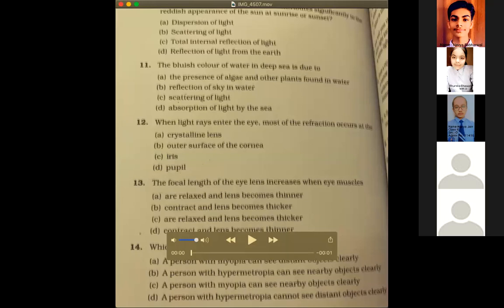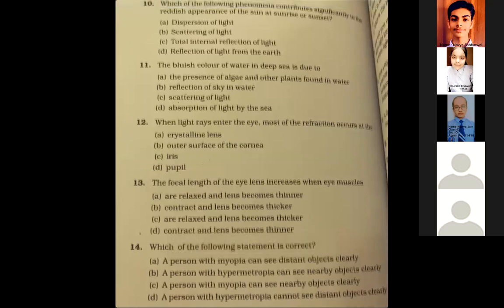Actually, the structure of the eye is not in our syllabus, and this question is related to the structure of the eye, isn't it? So when light rays enter the eye, in which area does most of the refraction occur? See, when light rays are moving into our eyes, it is changing medium.